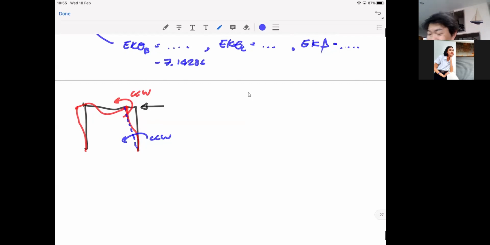But this is a number that we should not write down on the paper, because it looks kind of crazy. And EK zeta C is again the same, 14286, stuff like that. And EK delta, this is minus 59.5238.